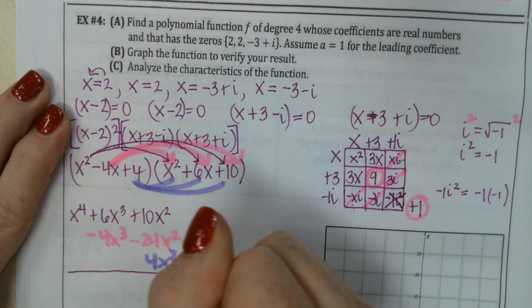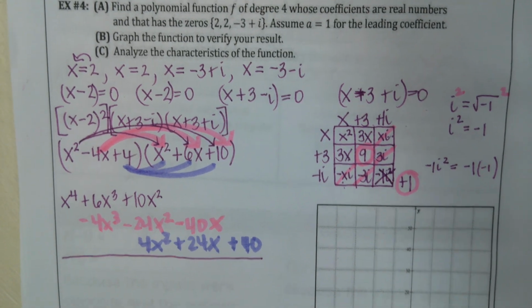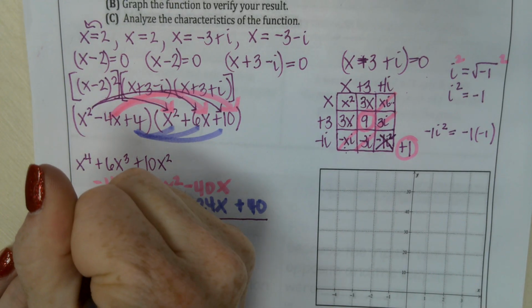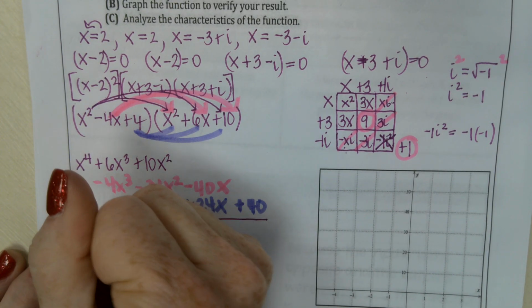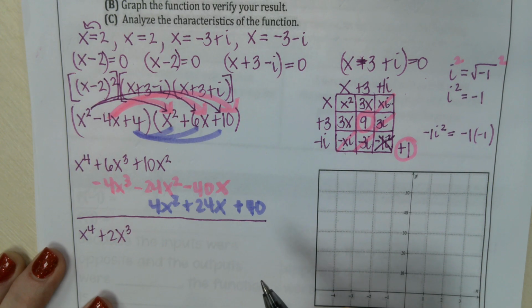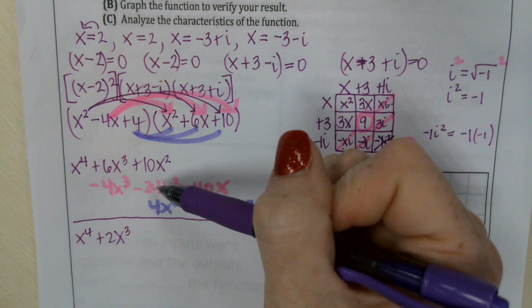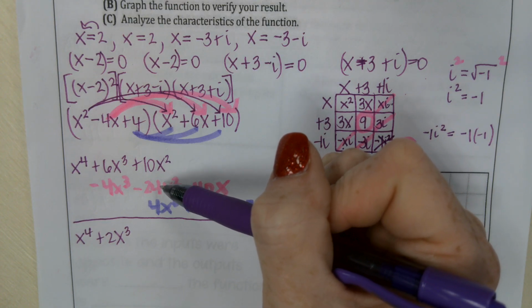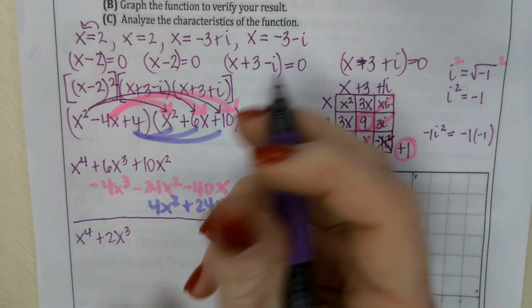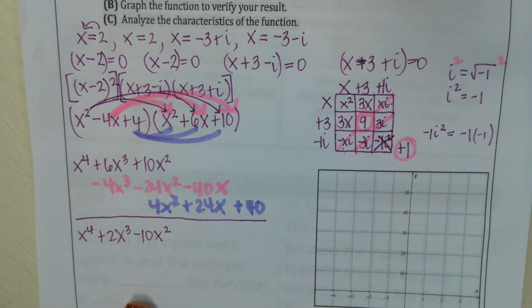So right here, I'm combining like terms. I have x to the fourth power plus 2x cubed. Very quickly, what is 10 take away 24? Negative 14. And what is negative 14 plus 4? Negative 10. So negative 10x squared.